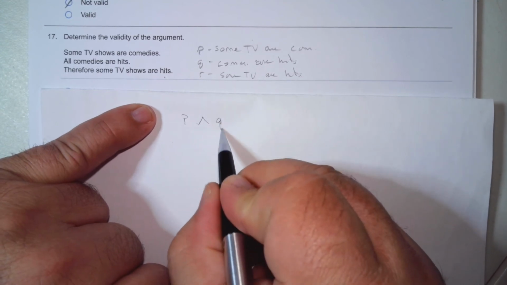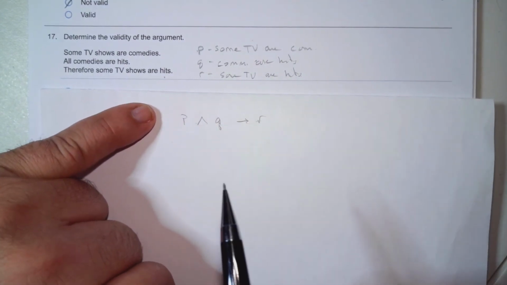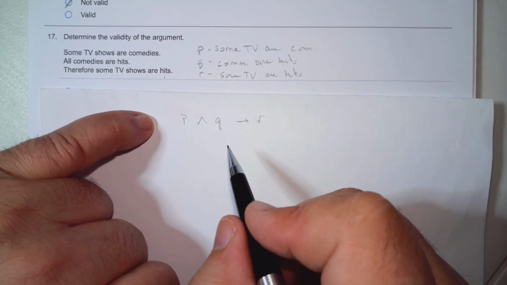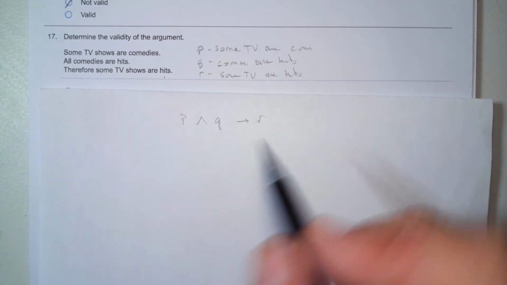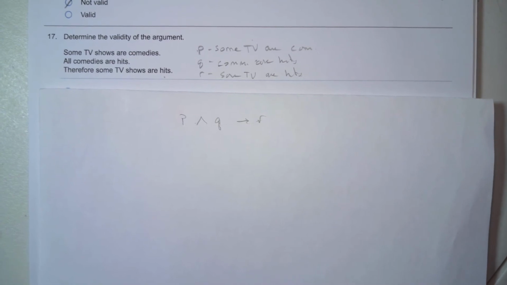P and Q, then R. That's going to be too simple if we try to do it that way. It can't be. Alright, let's look at this. It says some TV shows are comedies.